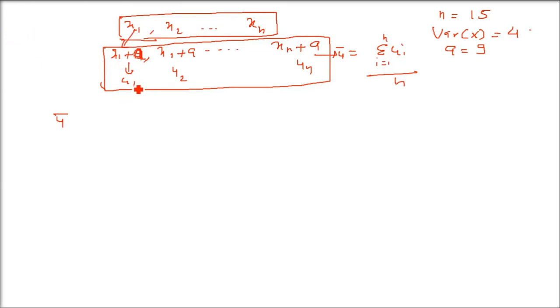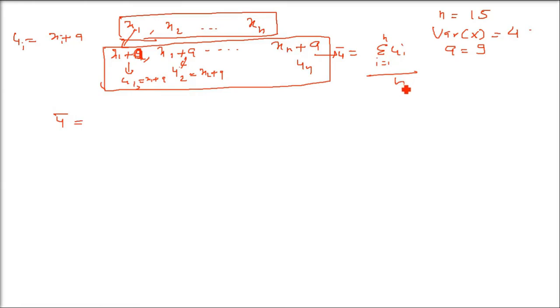What is u1? u1 is x1 plus a, u2 is x2 plus a. So you can write u as x plus a. For each element it will be ui equals xi plus a. So every element, when you add a, it will become u. x added with a common element a, you get u.